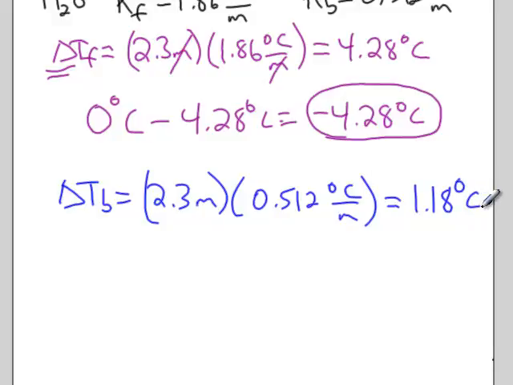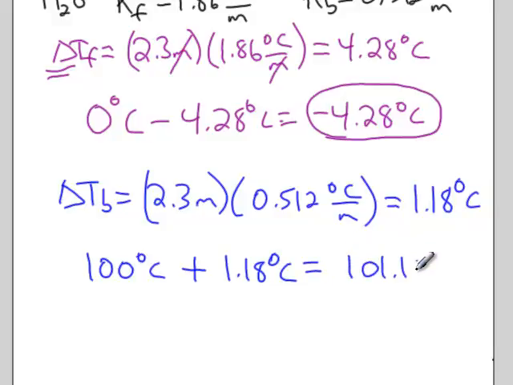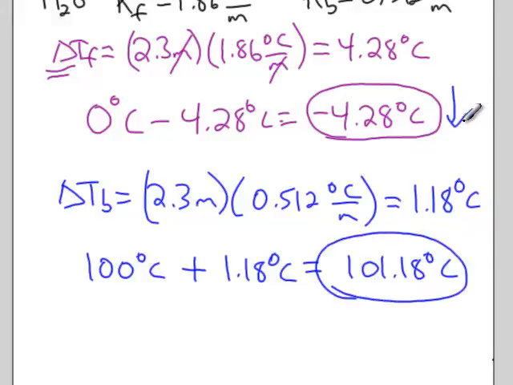And again, we have to know that pure water boils at 100 degrees, and we have to remember that the boiling point always goes up by this change. So we're going to add that 1.18, and we get a temperature of boiling of 101.18 degrees Celsius. Freezing point always goes down compared to the pure solvent. Boiling point always goes up.